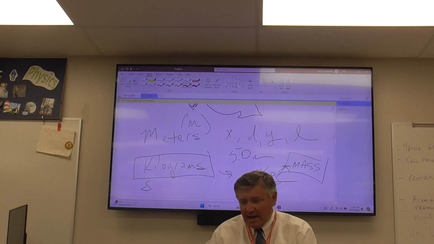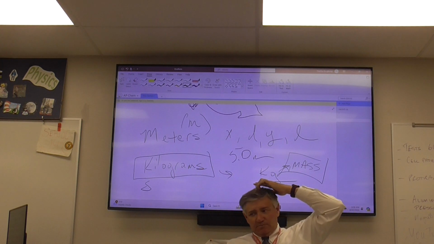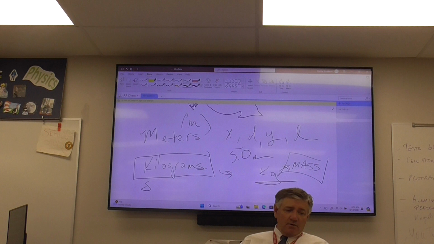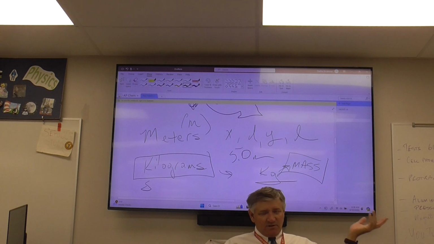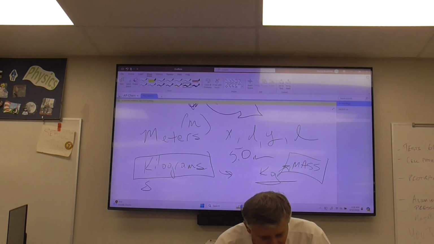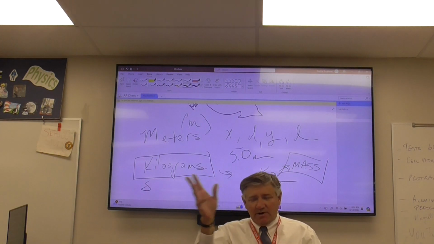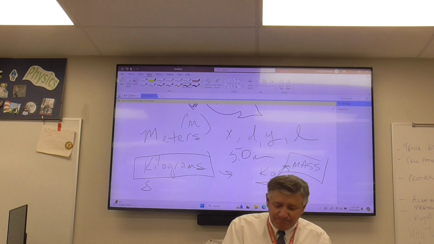A 1 kilogram mass is about 2.2 pounds. Mass, unless you're under extreme situations of very, very strong gravitational fields, where Einstein's theory of relativity becomes a factor, which we're not going to have to worry about, stays the same.